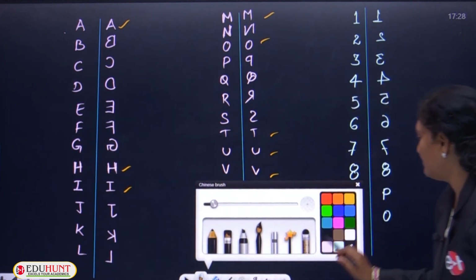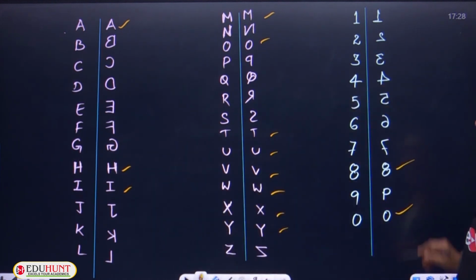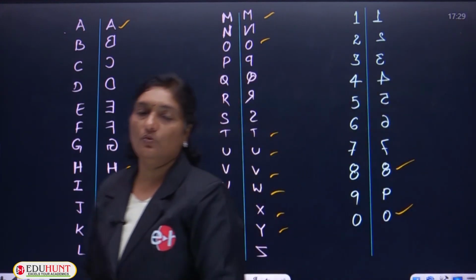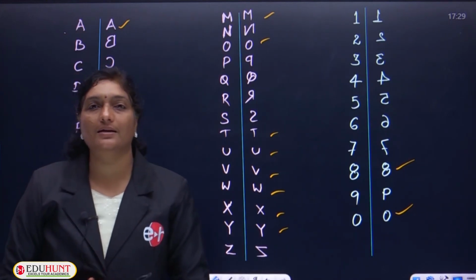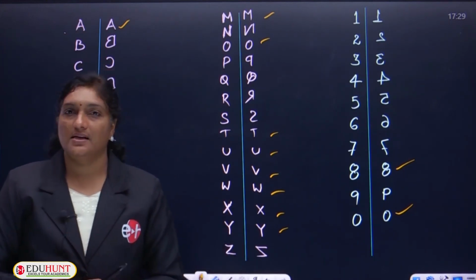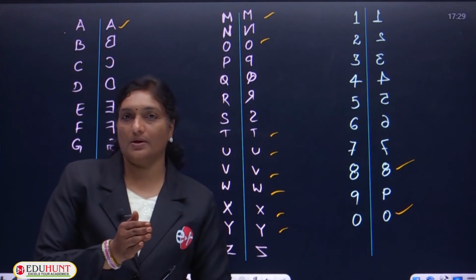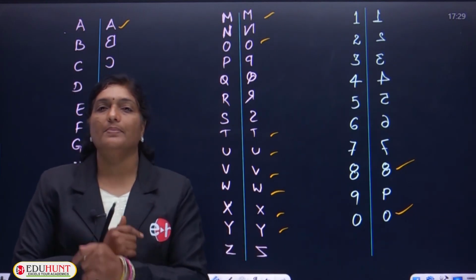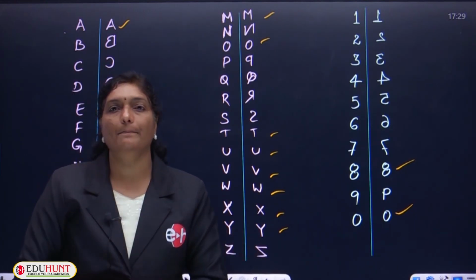So among the numbers, 0 as well as 8 do not show lateral inversion, but all other numbers show lateral inversion. So I hope you understood what exactly lateral inversion is. The left appears towards the right side, whereas the right appears towards the left side when seen in the mirror.